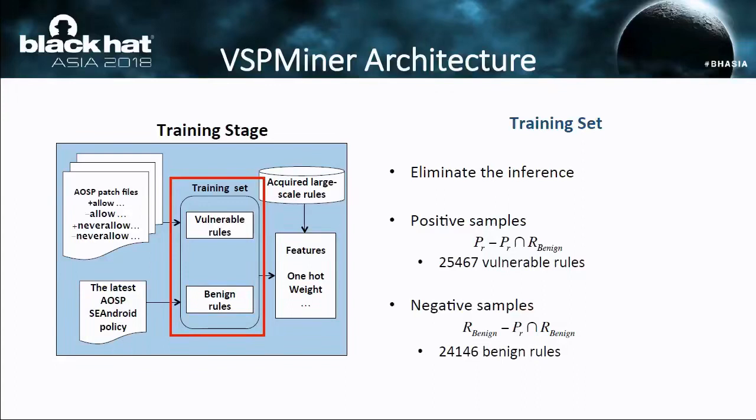Finally, we get about 25,000 vulnerable rules, which are taken as the positive samples. On the contrary, we get 24,000 benign rules, which are taken as the negative samples.